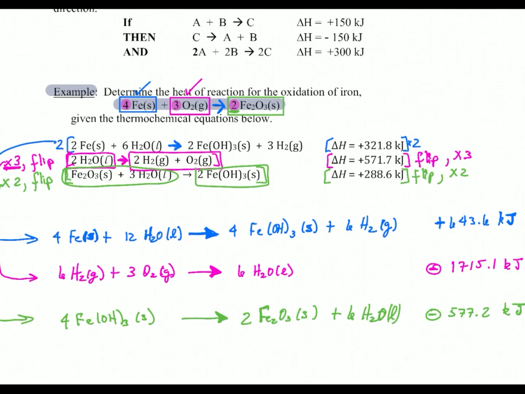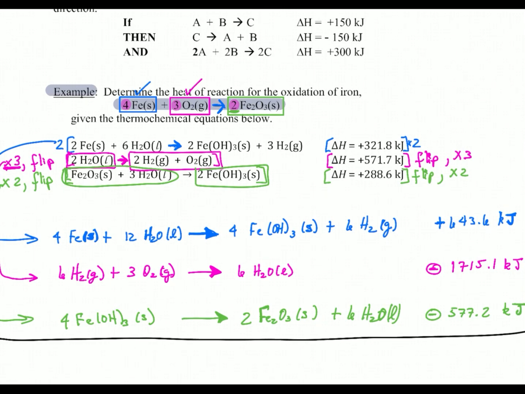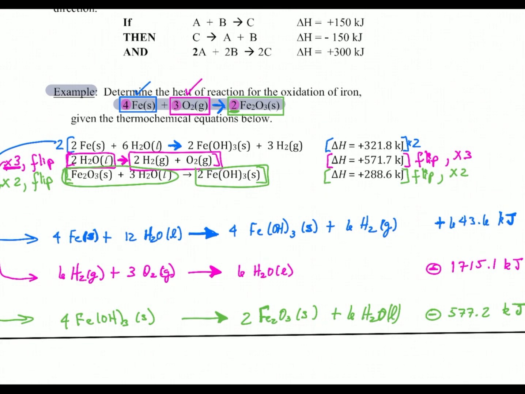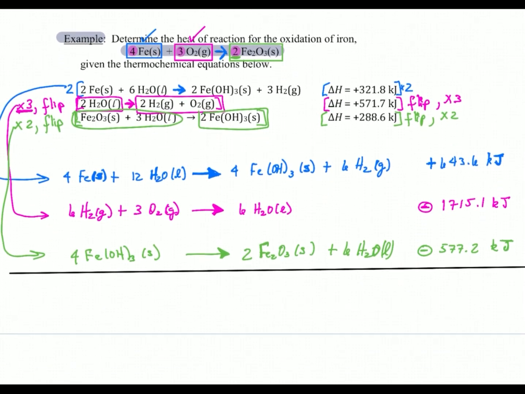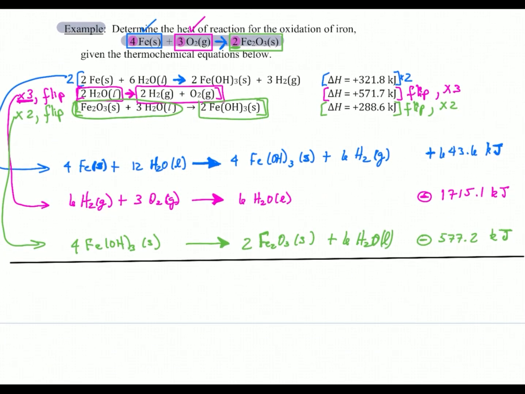Okay, now, if we manipulated those 3 reactions correctly, when we add them all together, they're going to give us the equation we've been seeking. So let's go through and mark out anything that is common on the left and right as if this was all one big reaction. These are the reactants, these are the products.